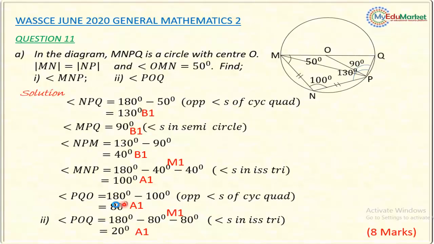The next accuracy mark is for getting 80 degrees exactly as that angle PQO. For subtracting the two angles, 80 and 80, in an attempt to get angle POQ, you have the method mark. And for the final answer, the size of angle POQ, if you have 20 degrees exactly, you have that A1 mark, the accuracy mark.